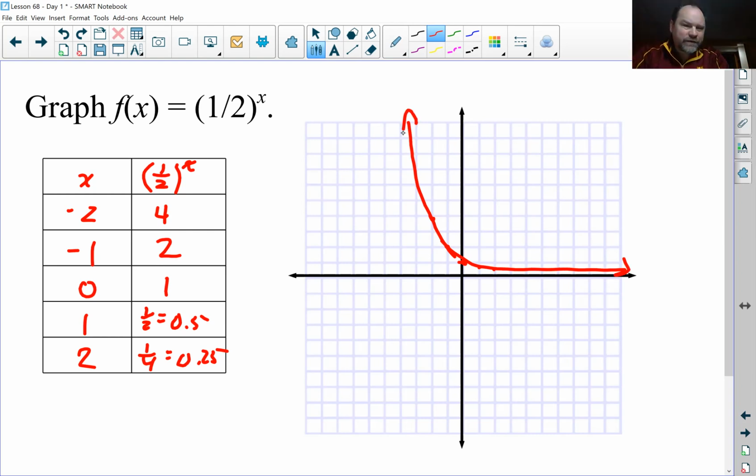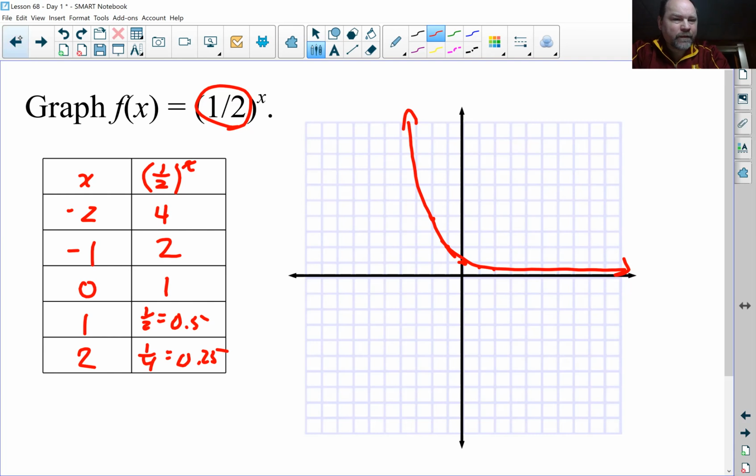So one thing to look at, or maybe to notice, if our base, the thing we're taking to the power of x, is greater than 1, it's going to grow as we move from left to right. If it's between 0 and 1, it's going to decrease as we go from left to right.